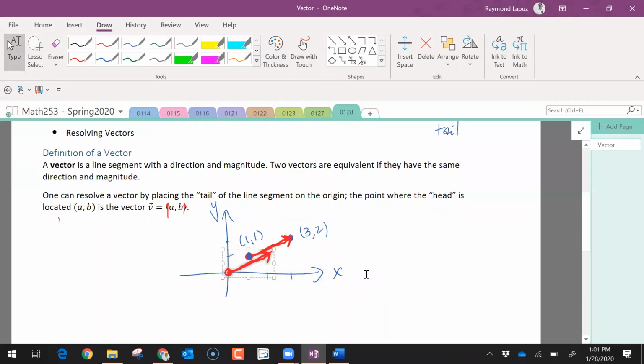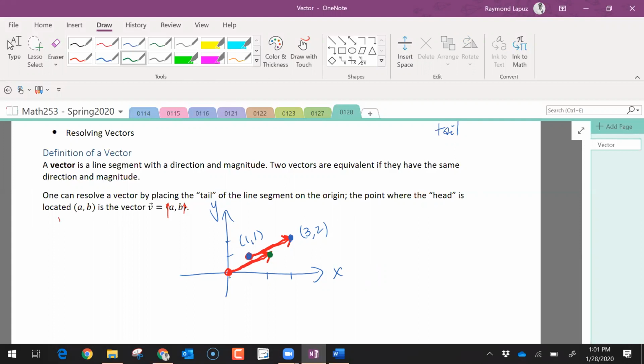Once you move it so that its tail is at the origin, you look at where it's pointing, and that looks like another vector. Where is it pointing? In the same direction, same magnitude, same direction, so it's the same vector.